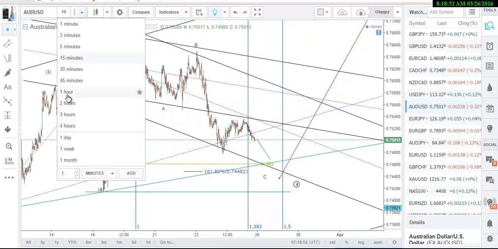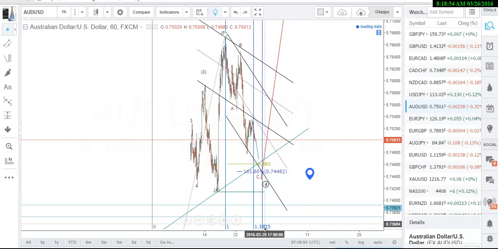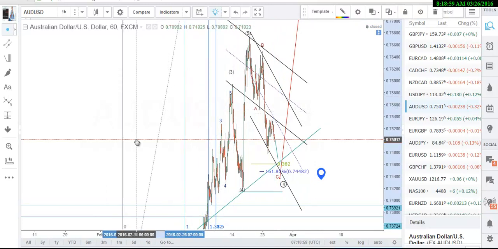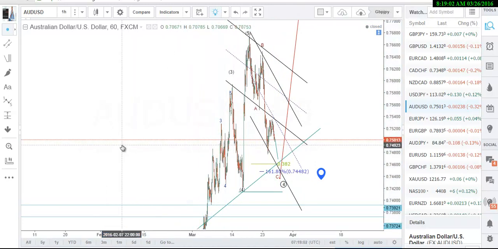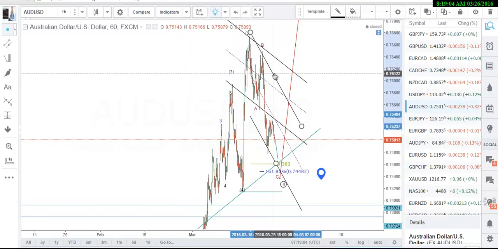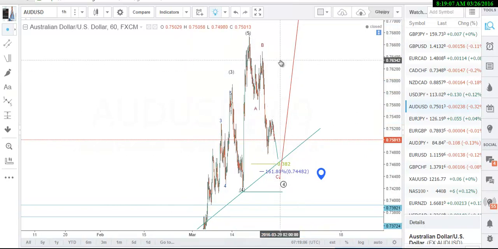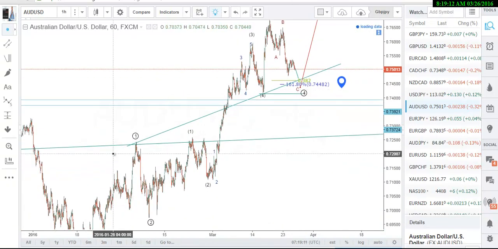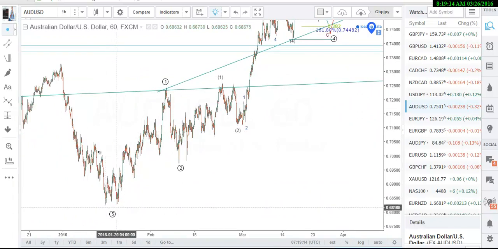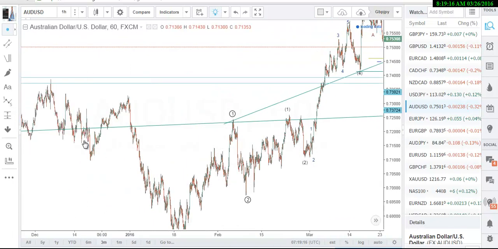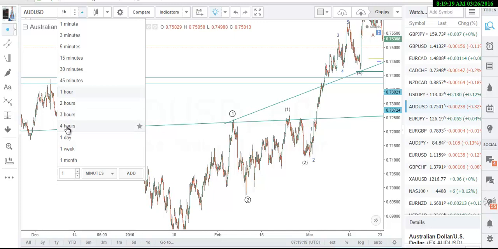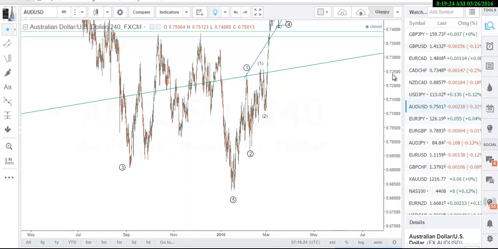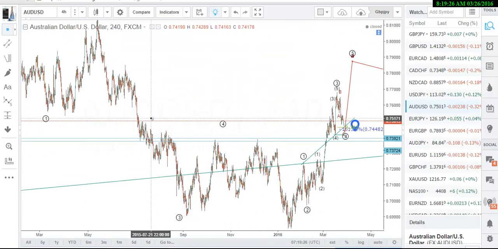Let's start from the 1 hour chart. Don't mind all these different lines; let me remove these lines. The most important thing here is to look at the wave structure. Let me take you to the daily chart, or the 4-hour chart, so that you can see the long-term Elliott Wave very well.